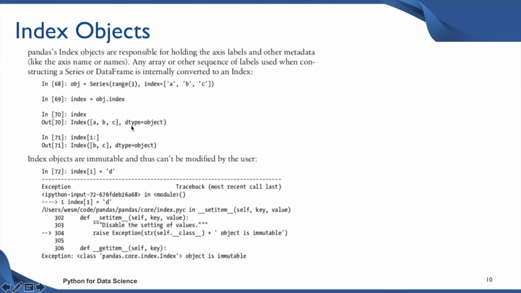We cannot modify the index at location 1 from B to D because it is immutable. It can't be modified by the user. We can only reindex, reorder this part, but I cannot use an assignment operator to change the value of the index at position 1 from B to D. That I cannot do.